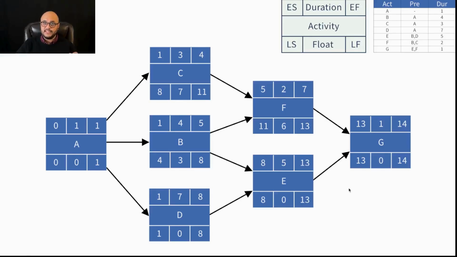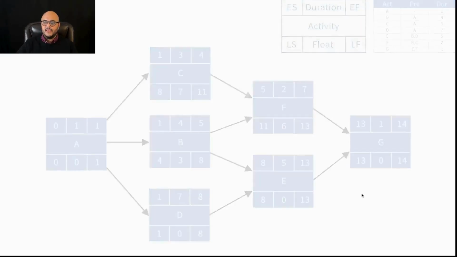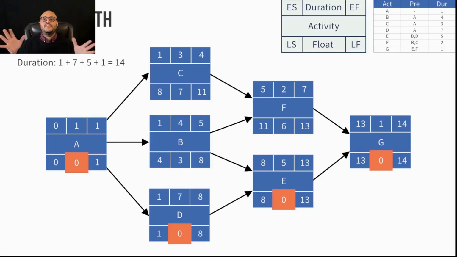Our float is the amount of free time we have for that activity to delay a little bit. From our float, we can use this to develop our critical path, to identify our critical path. And the critical path essentially is the path through which any activity has a float of 0.